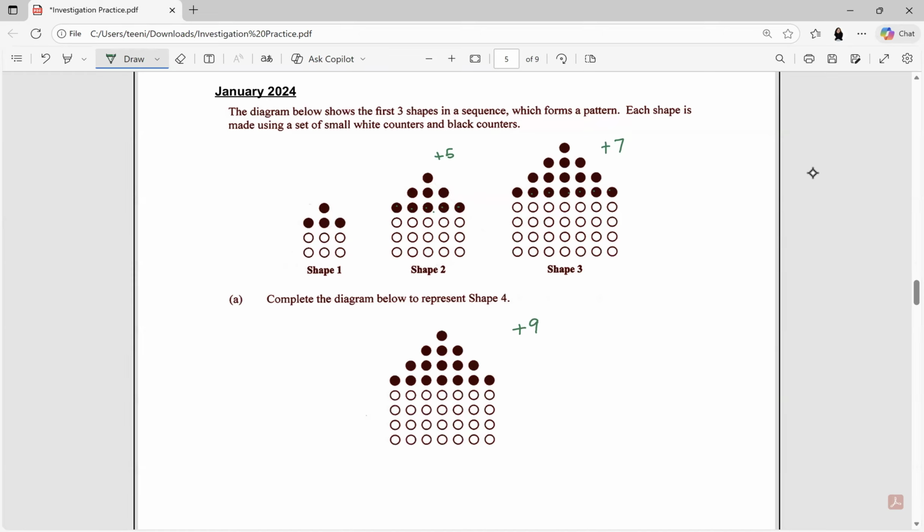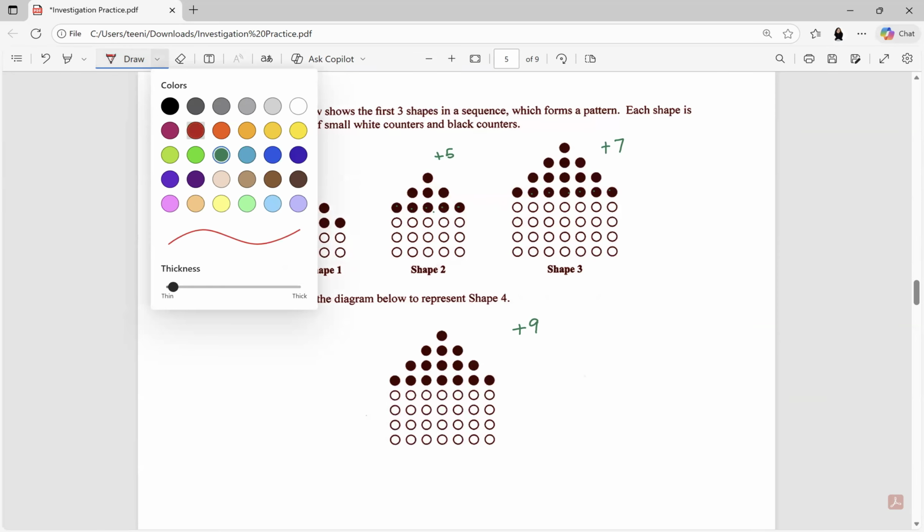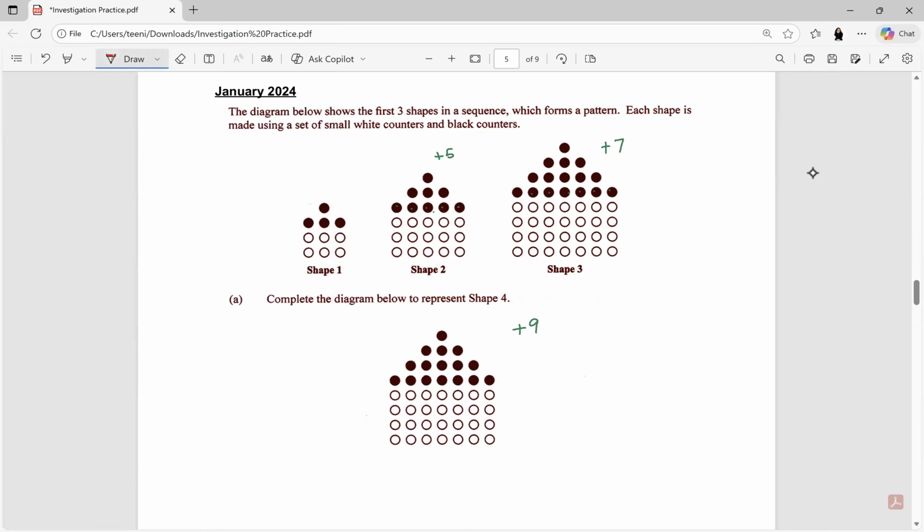And then with the white ones, we added 1, 2, 3, 4, 5, 6, 7, 8, 9. So we added 9 white ones in shape 2. And then in shape 3, we added 1, 2, 3, 4, 5, 6, 7, 8, 9, 10, 11, 12, 13. So then how much? 17? Yeah.